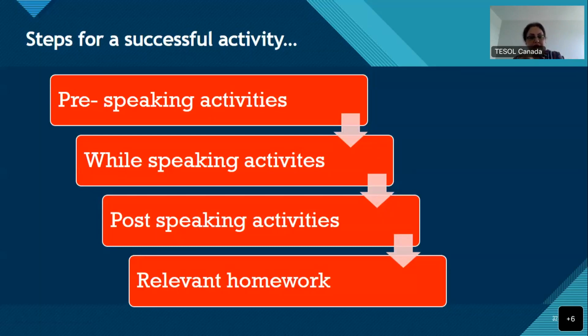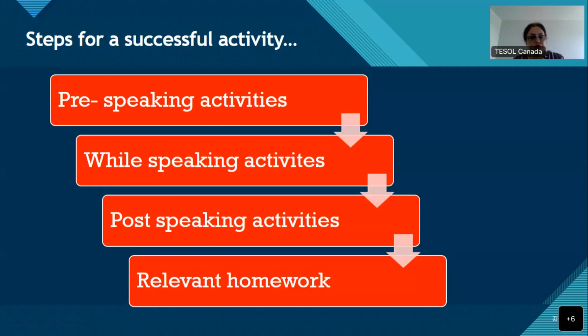While is a time to practice. You monitor your students, listen to them, help them out if they have any questions, and correct them during the while. Post is a time to produce what they have practiced.